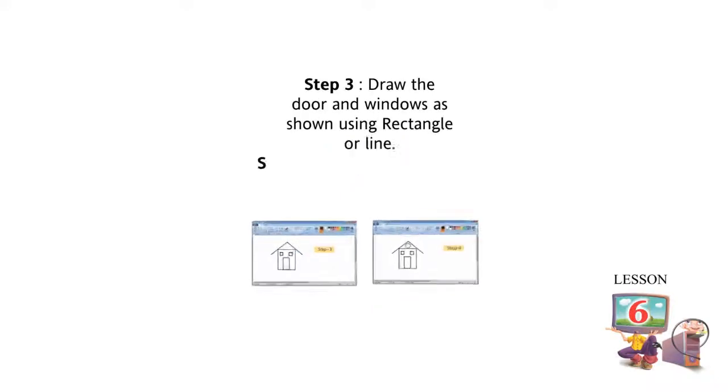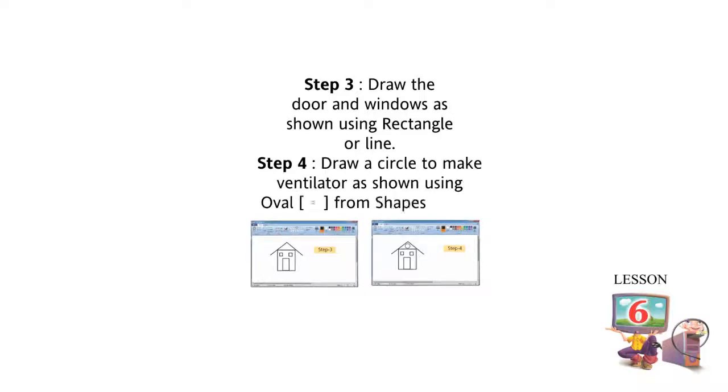Step 3. Draw the door and windows as shown using rectangle or line. Step 4. Draw a circle to make ventilator as shown using oval from Shapes group.